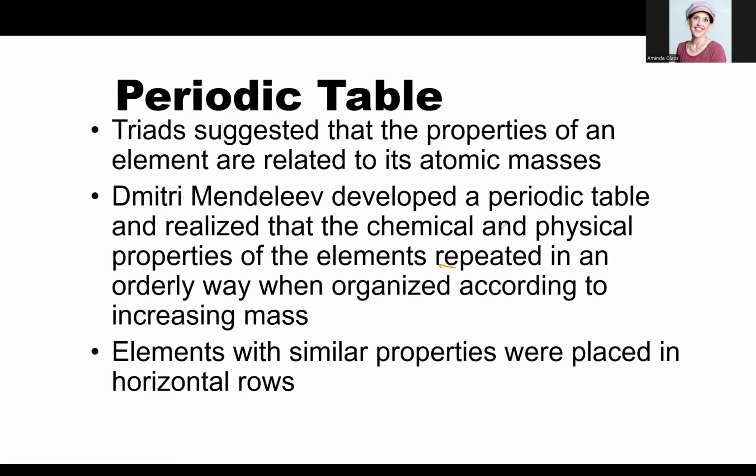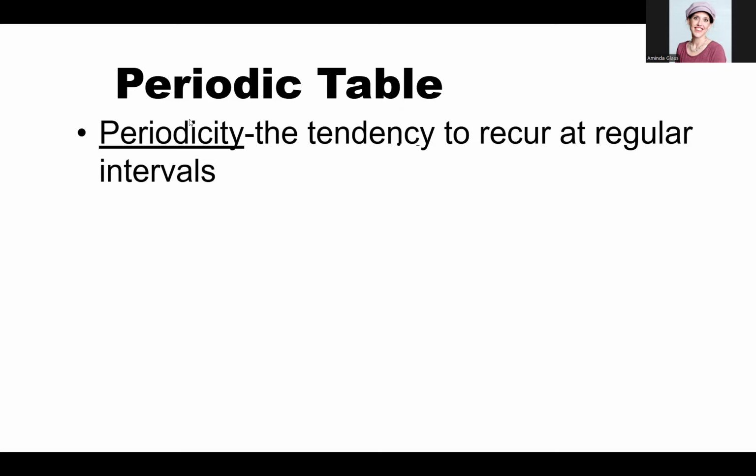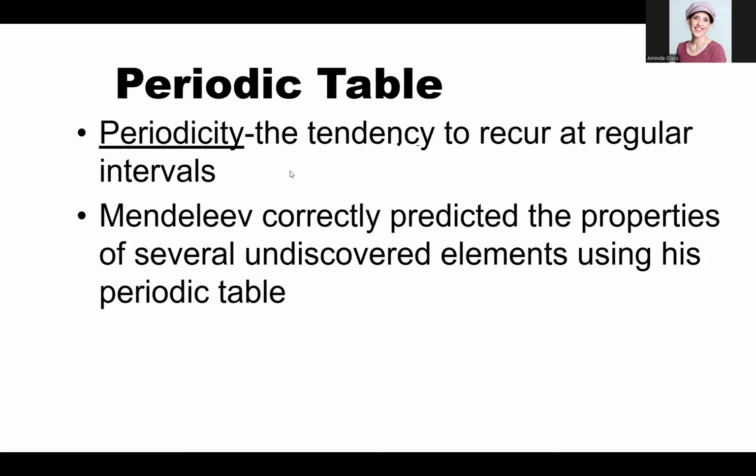Repeating properties is periodicity. So that's why it's called the periodic table, because periodically the properties repeat themselves. So if you ever wanted to know why it was called the periodic table, that's why. Periodicity is the tendency to recur at regular intervals, hence periodic table.